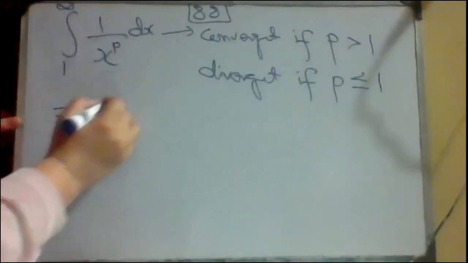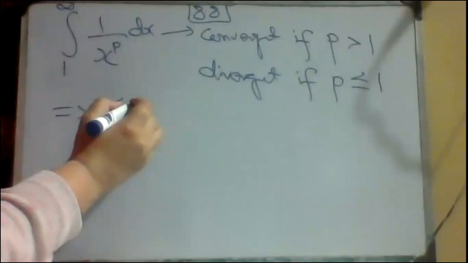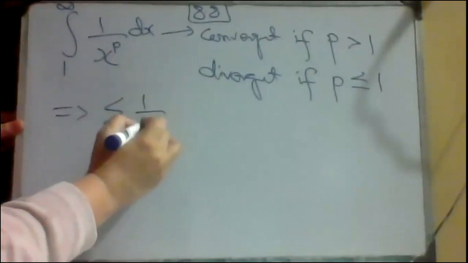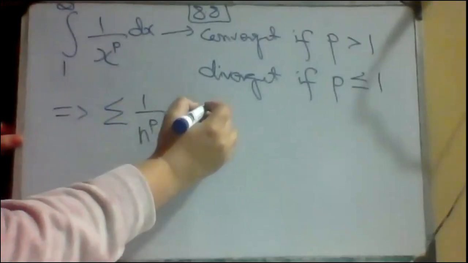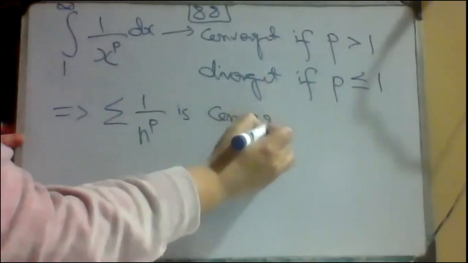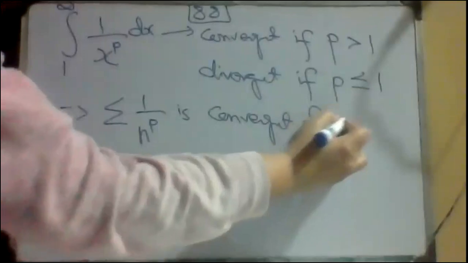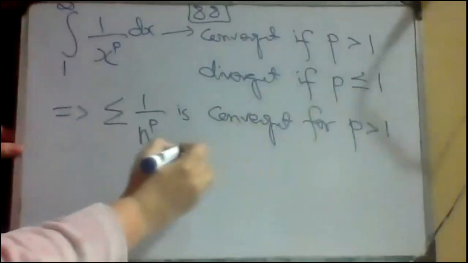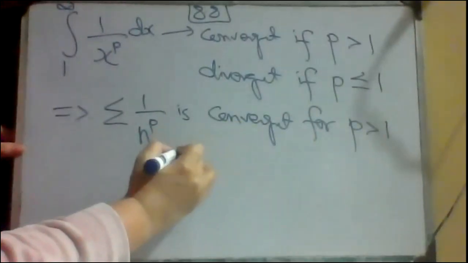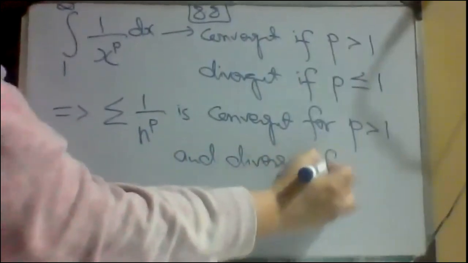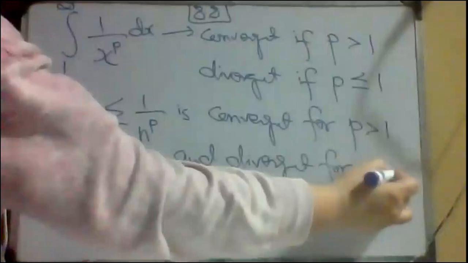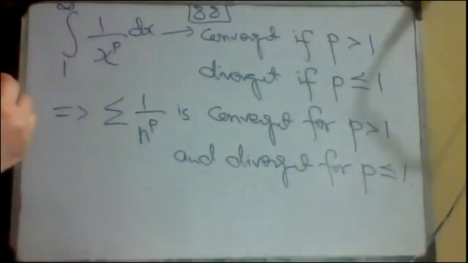So this implies that the series 1 over n^p, by the integral test, is convergent for p greater than 1 and divergent for p less than or equal to 1.